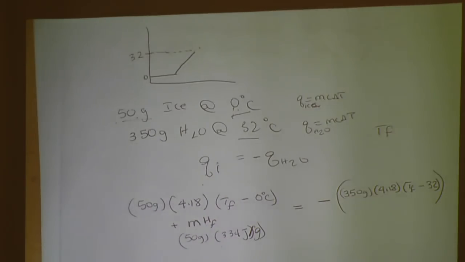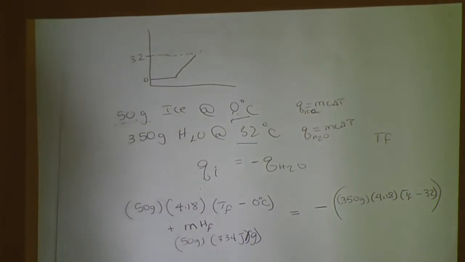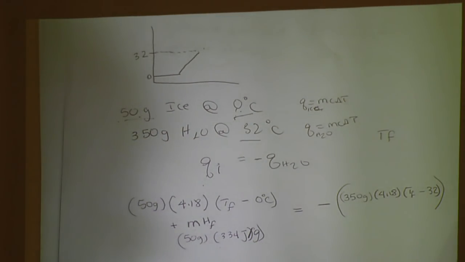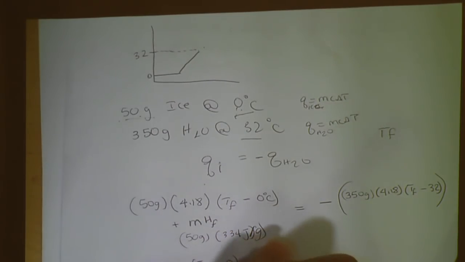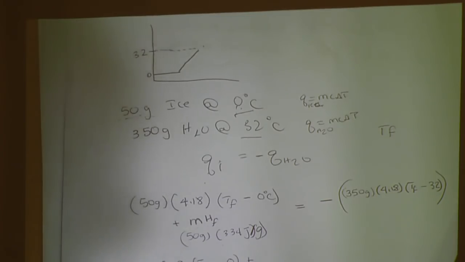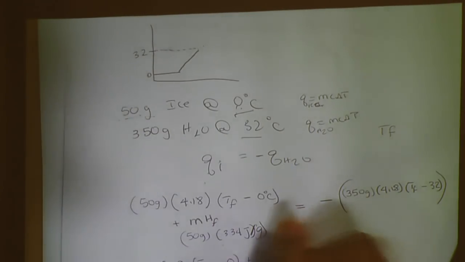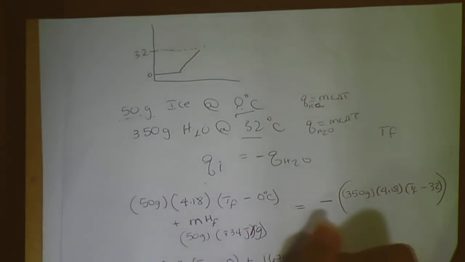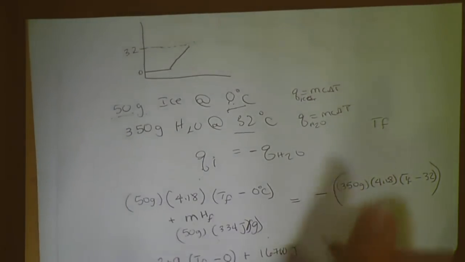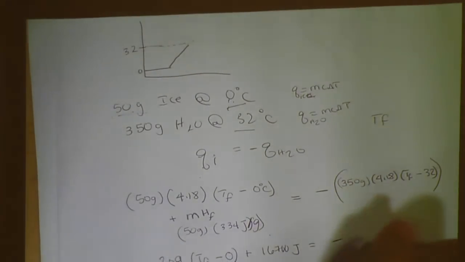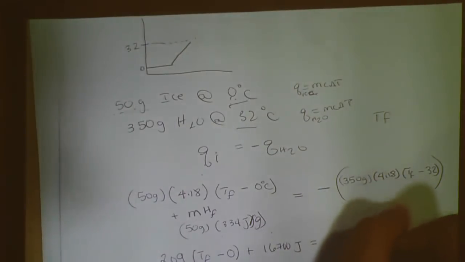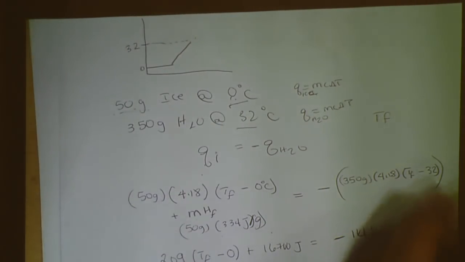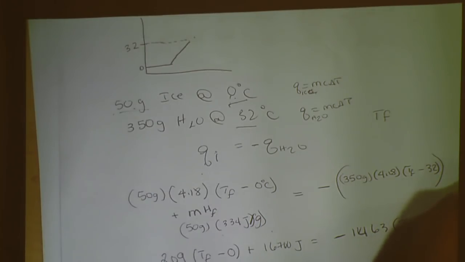So what you end up doing is you have 50 times 4.18, so you have 209 times TF minus 0, plus the 50 times 334, which is 16700. This is equal to negative the 350 times 4.18, which is 1463, times TF minus 32.